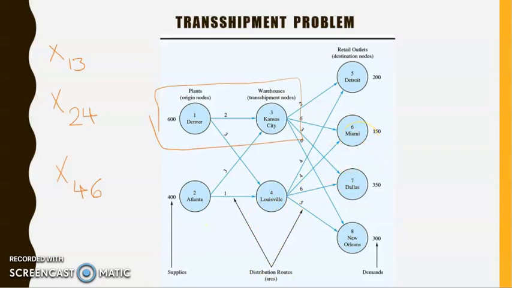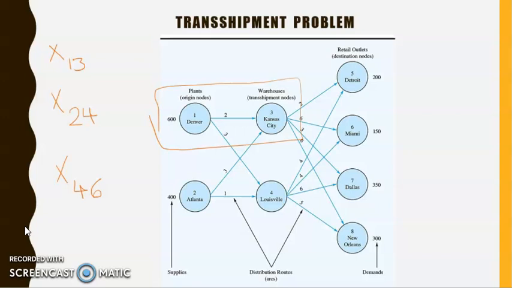And like that, we have decision variables. One of the points you need to pay attention to is that, to be able to better track decision variables, here we have continuous numbering: 1, 2, 3, 4, 5, 6, 7, 8.